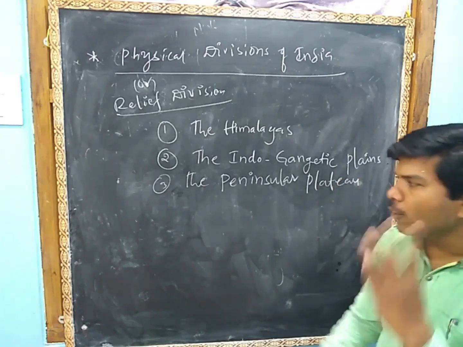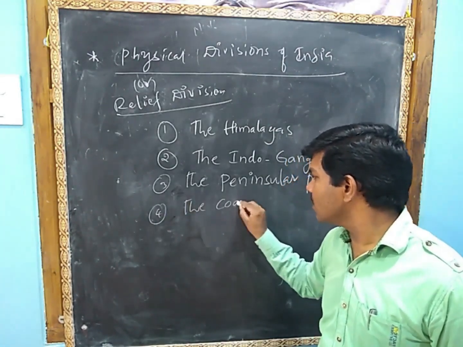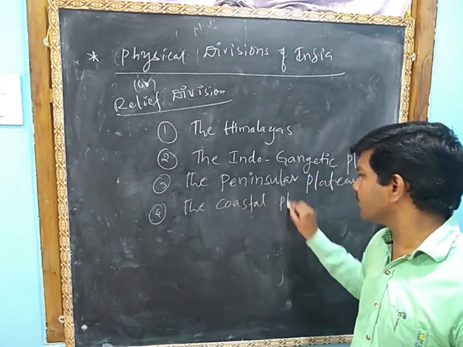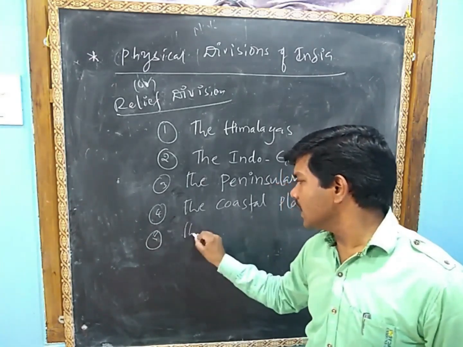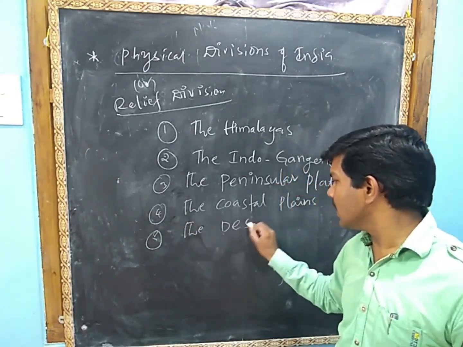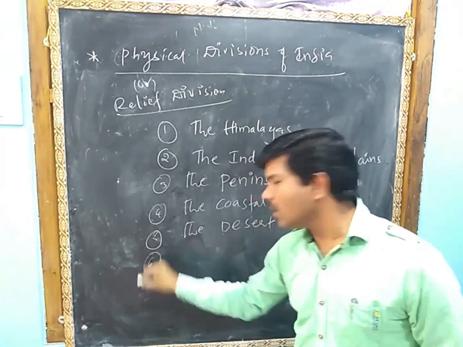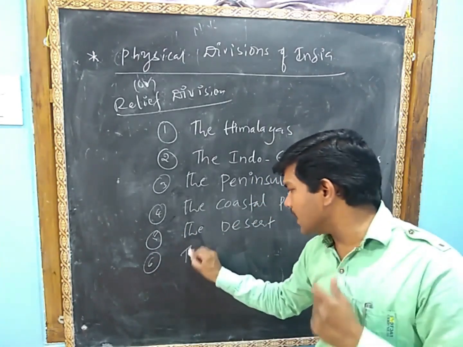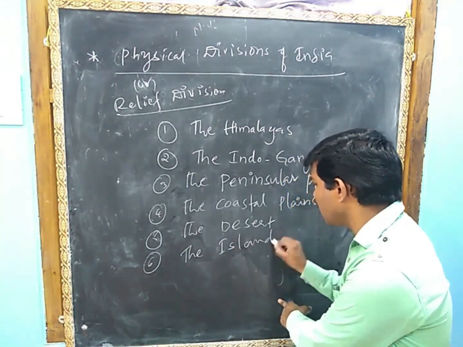Fourth one is the coastal plains. Fifth one, the desert. Next, last and final one, the sixth one is the islands.